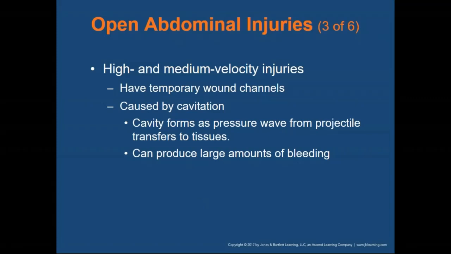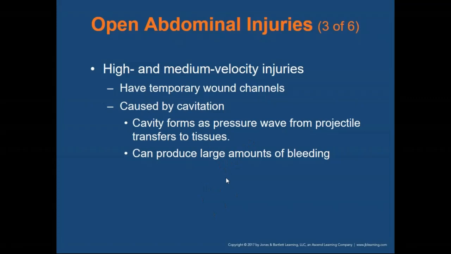It causes it to flatten out a lot more. That makes a larger permanent cavity as it goes through. Then you have the temporary cavitation, and then all of that comes blasting out the backside. So you have a wound that's bigger than the entrance wound, sometimes extensively bigger, and that can produce large amounts of bleeding. Sometimes those hollow points will fragment when they hit too, so you have multiple exit wounds.